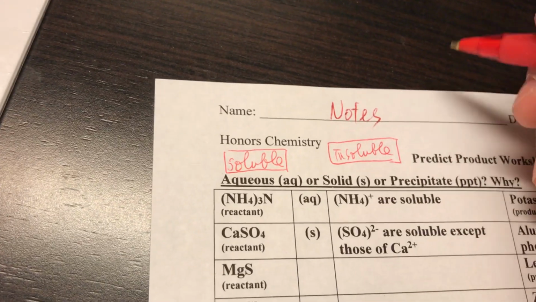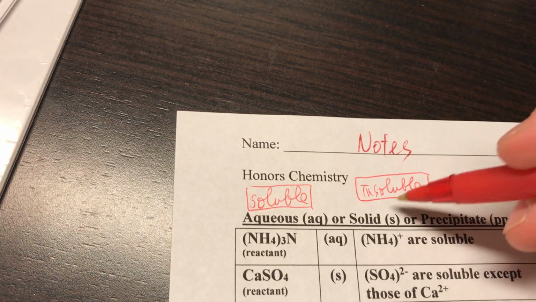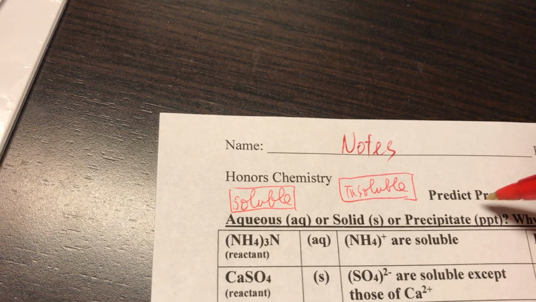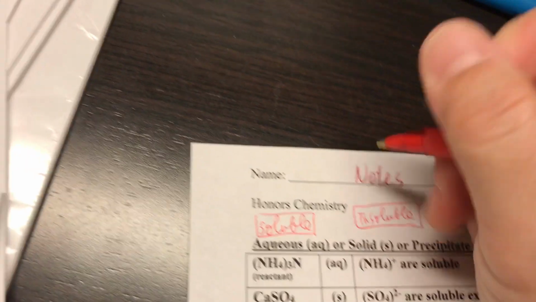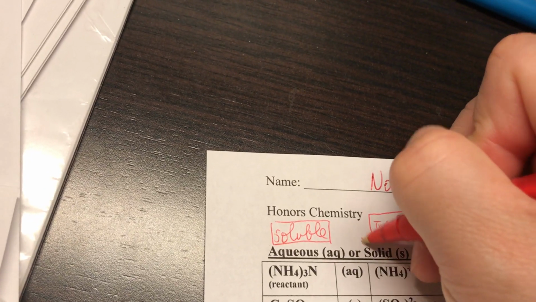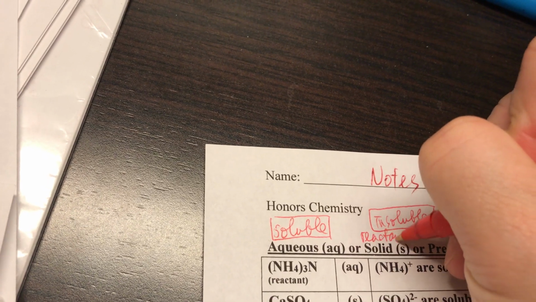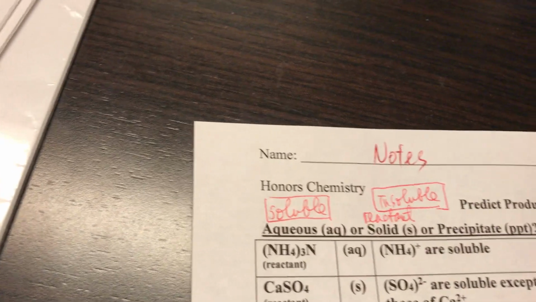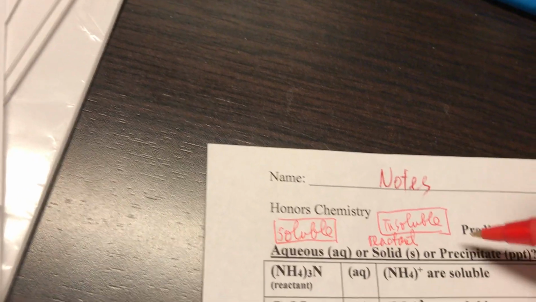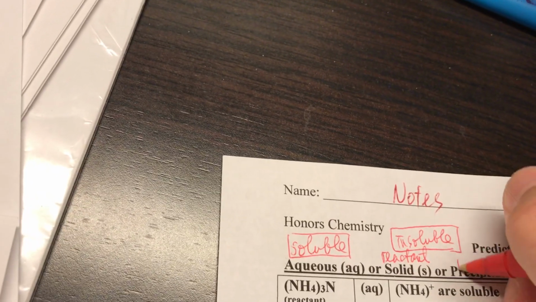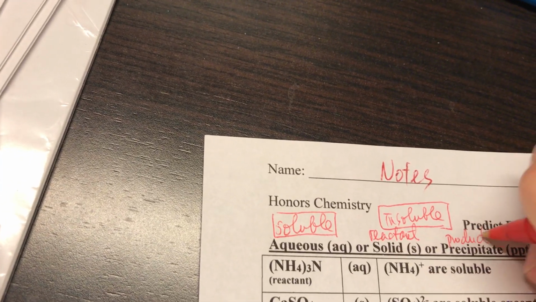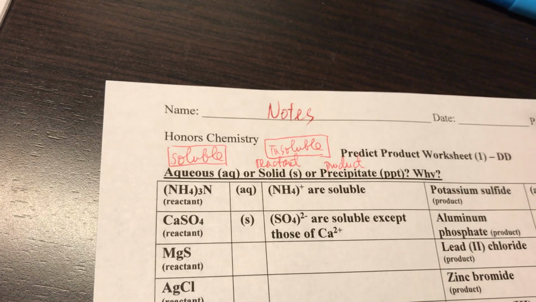But when do I say it is solid? When the compound is insoluble and it is a reactant, then it's solid. When the compound is insoluble but on the product side, then we will say precipitate.